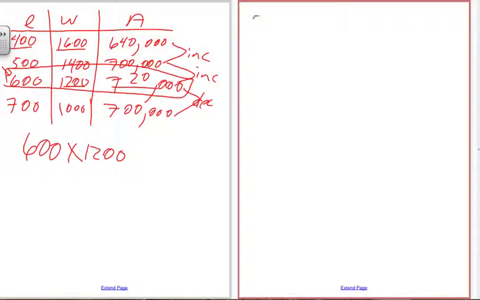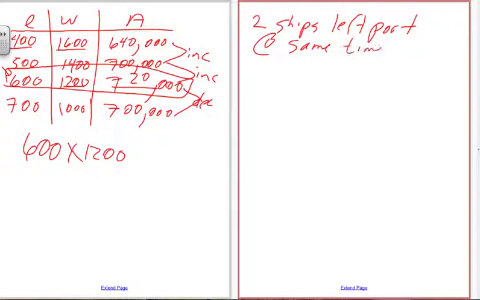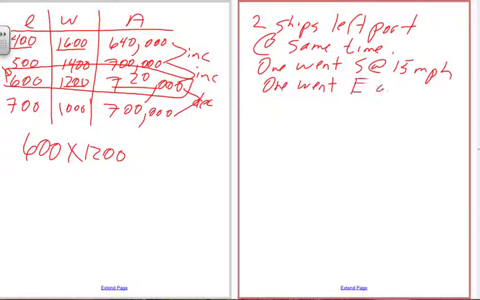I've got two ships. They left port at the same time. One went south at 15 miles per hour, and one went east at 20 miles per hour.